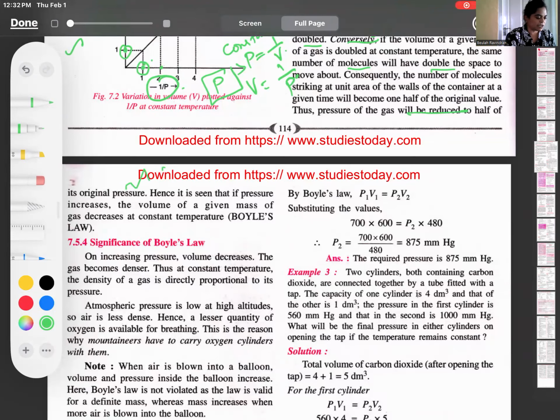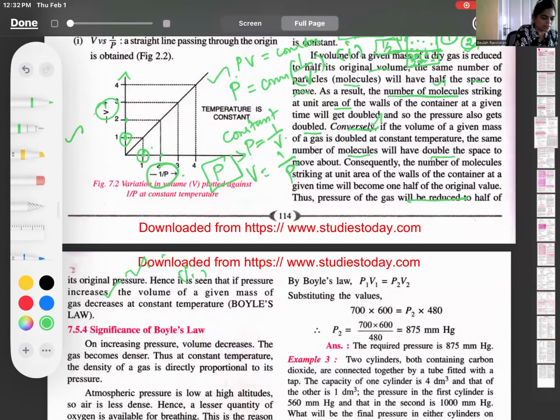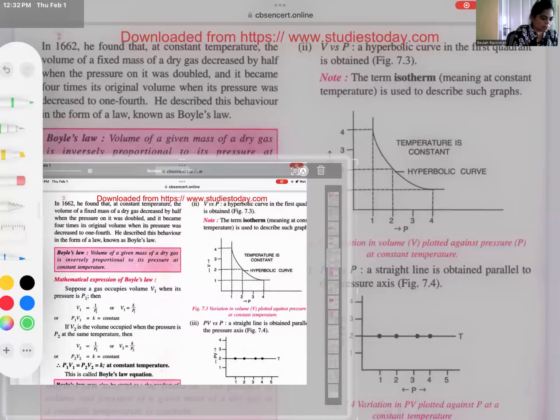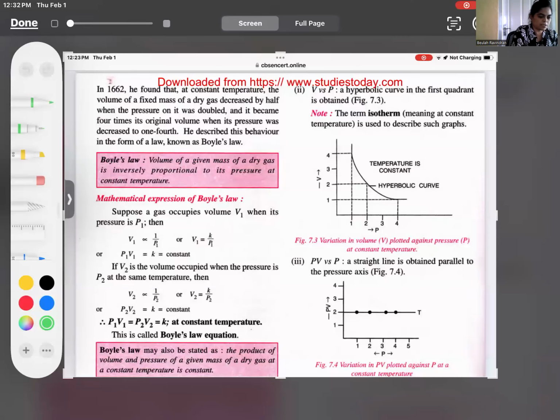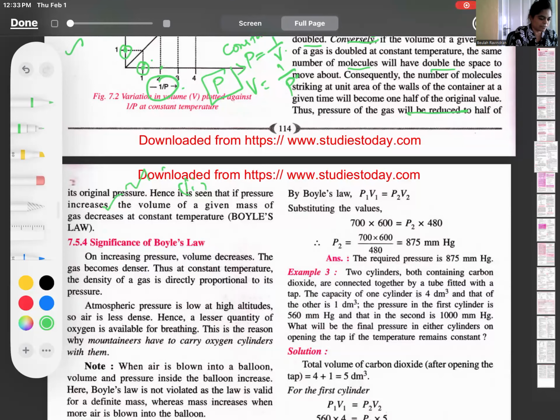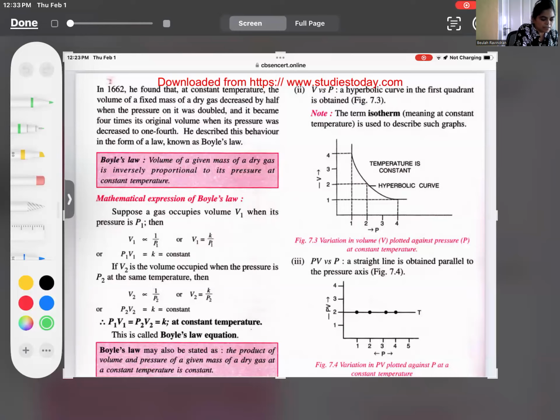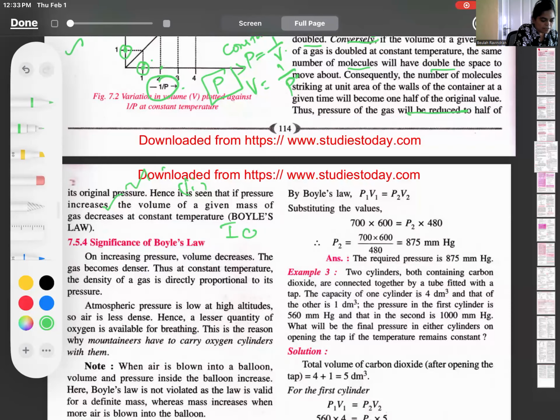Hence, it is seen that if you increase the pressure, this is the third case. Let us see the first case. Do write along with me. In the first case, the given volume is half of its original volume.